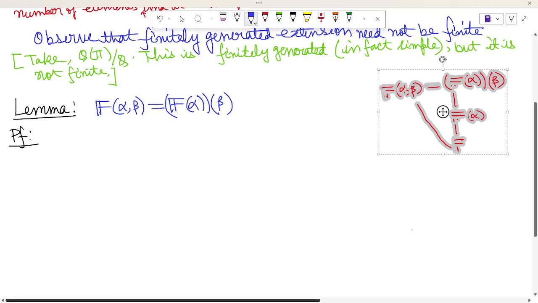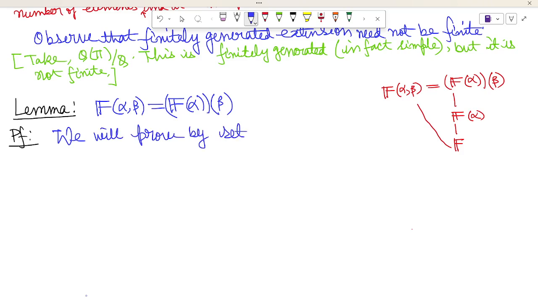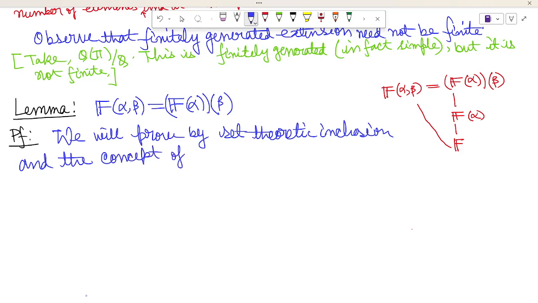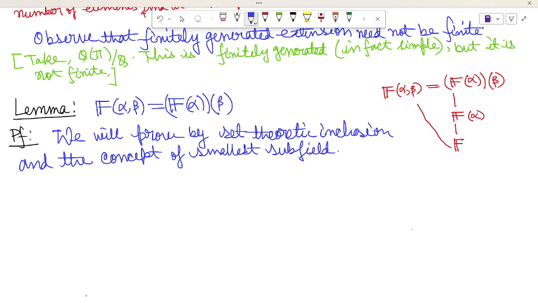I need set theoretic inclusion and the concept of the smallest subfield.